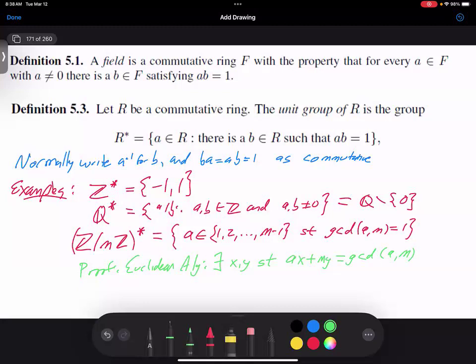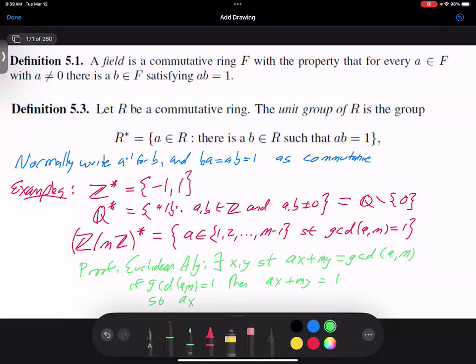So the Euclidean algorithm is one of the greatest algorithms we have. It's constructive, it's fast. You give me any 2 numbers, and I can find 2 more such that ax plus, in this case, my is the greatest common divisor of a and m. If the GCD of a and m equals 1, then we have ax plus my equals 1.